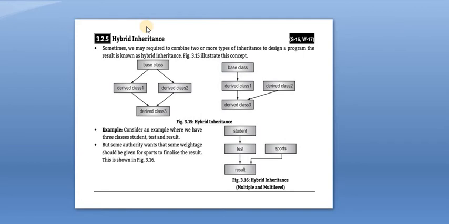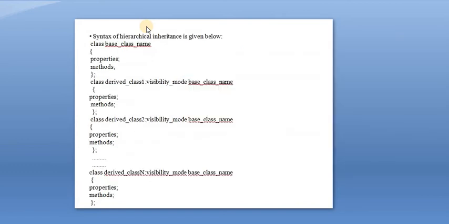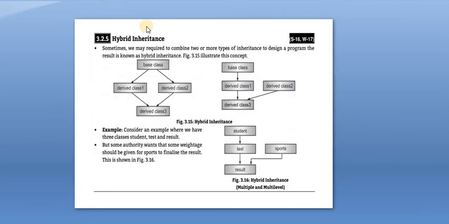So there is no special syntax for this inheritance. If we combine the syntax of different inheritance types, then it will become the syntax of hybrid inheritance. Now we will see the program which will illustrate what hybrid inheritance is.